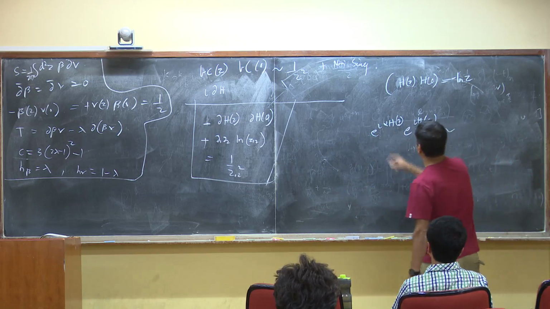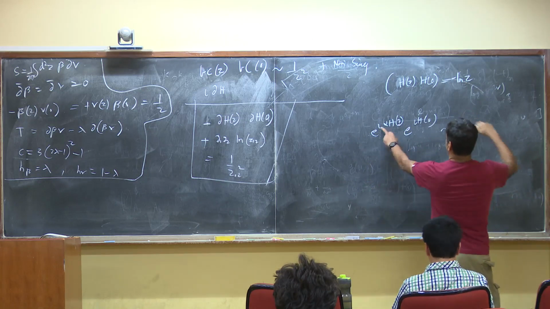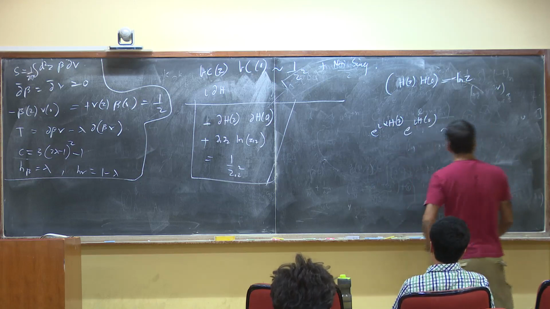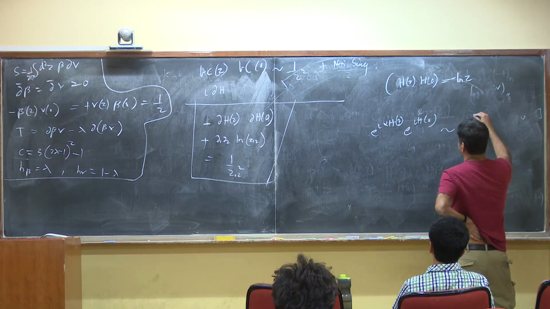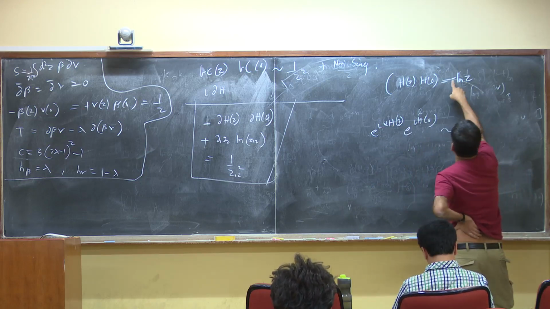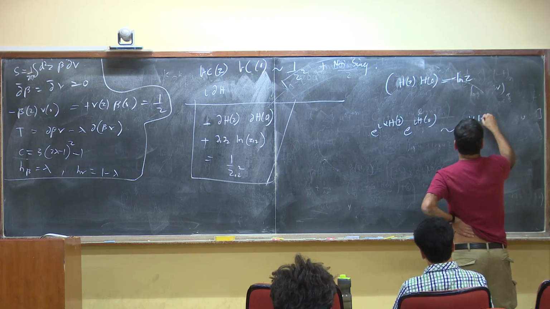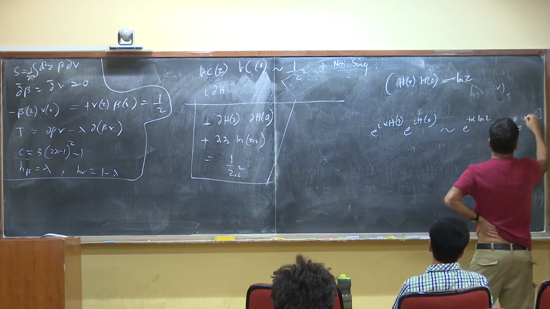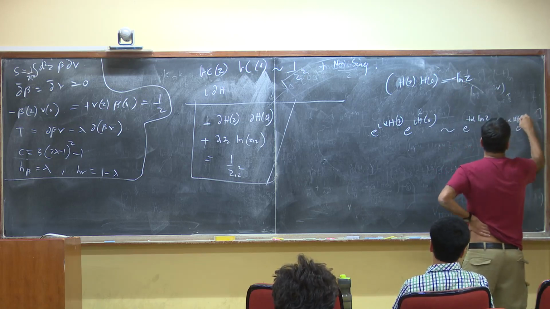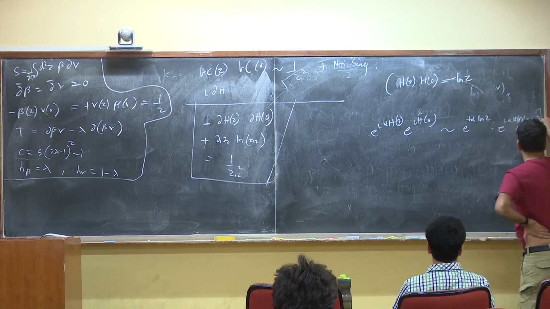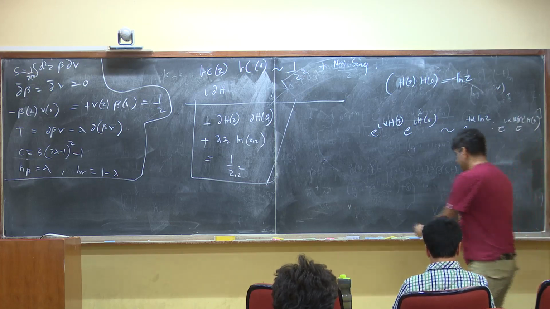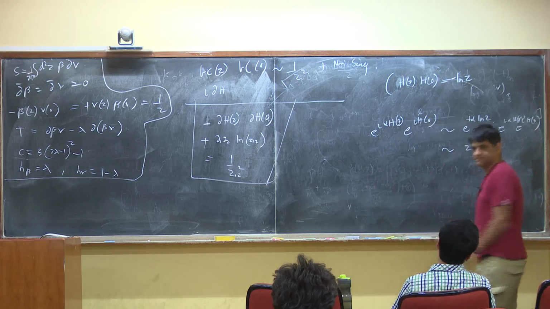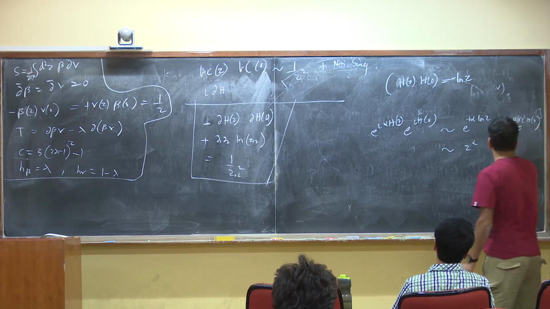This thing is going to be e to the power, now I minus, the 2-point function of the h's, so that's minus alpha and then minus a plus log z, times normal ordered e to the power I alpha h e to the power I h. Now this is some strange beast, right? Because this is z to the power alpha times this.